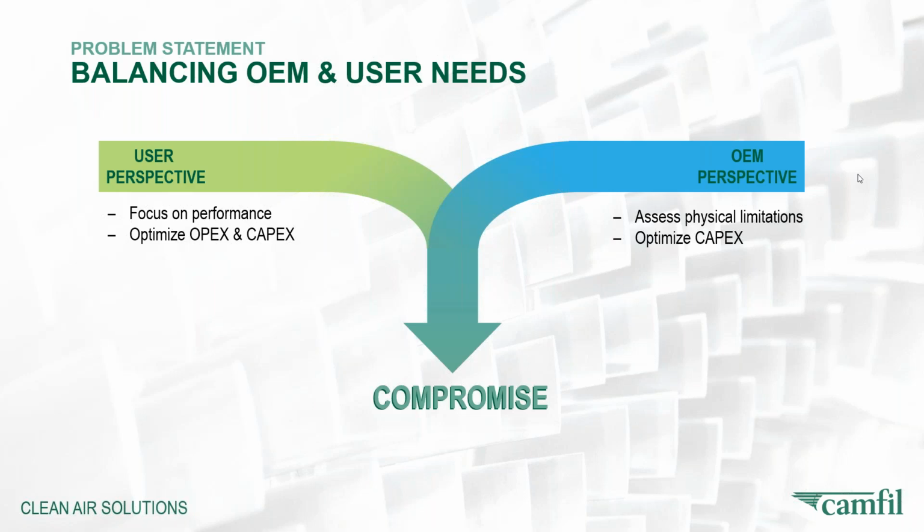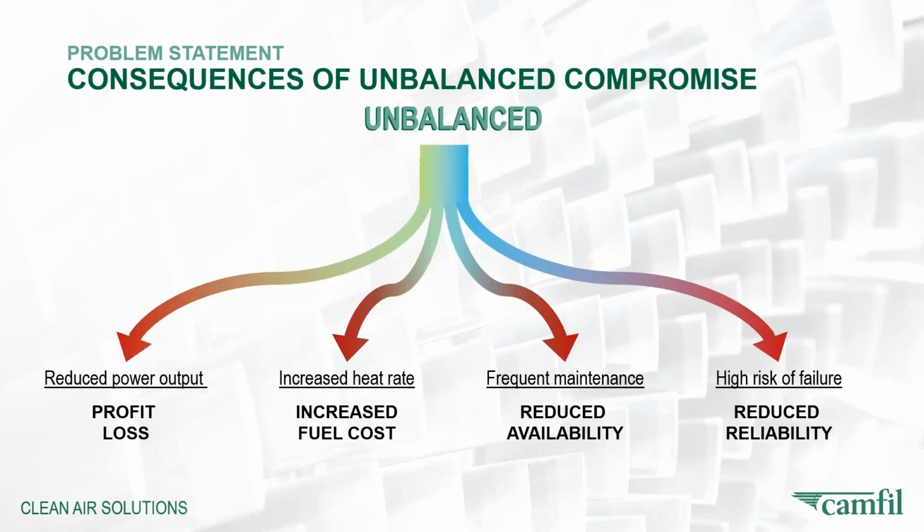And the consequence, if you do not get this correctly balanced, is that if you have decided, okay, I'm going to go for a cheaper CAPEX solution based on some standardized equipment, you may realize that the unbalanced solution is going to result in a lot of higher costs. The cost of this unbalanced compromise could be that you have to reduce your power output, which means, of course, a loss of profitability of your operations.